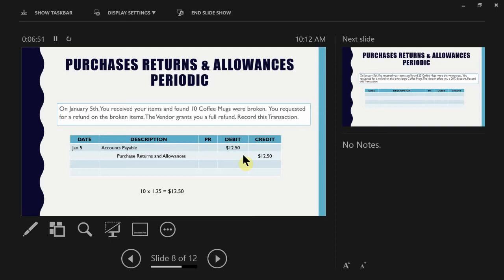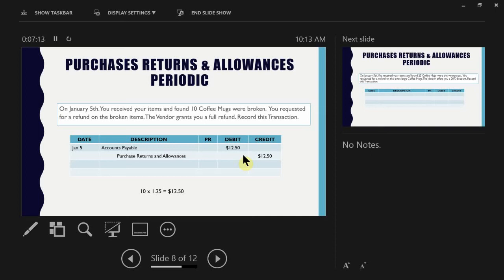So in this case, we have a purchase returns and allowances, and given the notion that you're trying to return an item, you can only return the original priced item. You cannot return freight for any reason. There could be a possible extra cost for you to ship the items out.